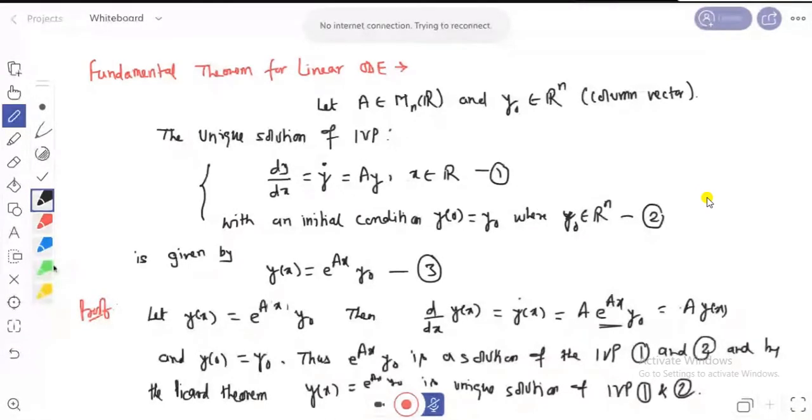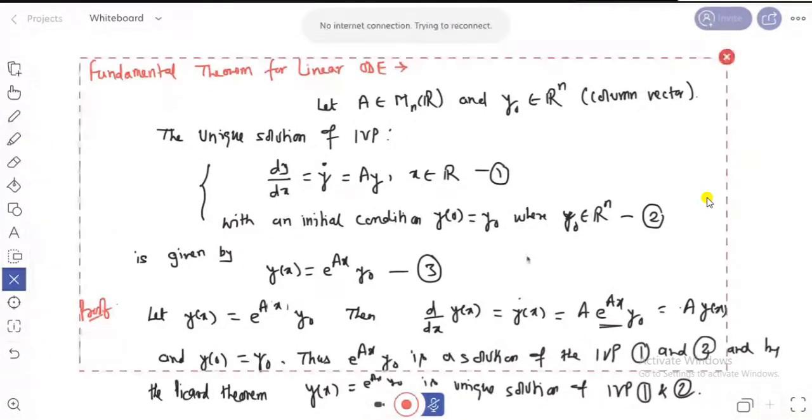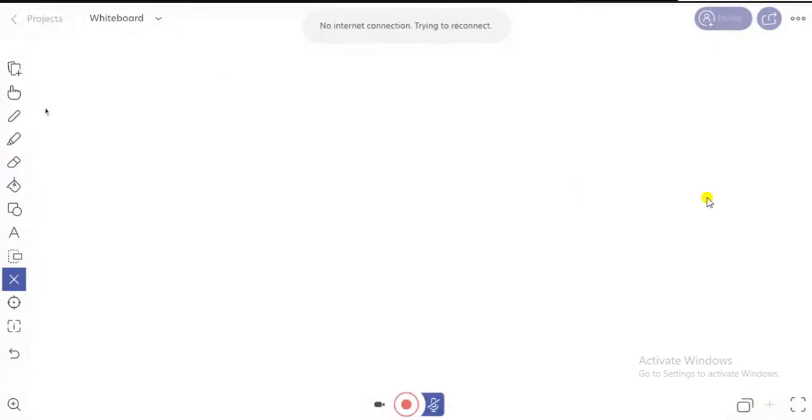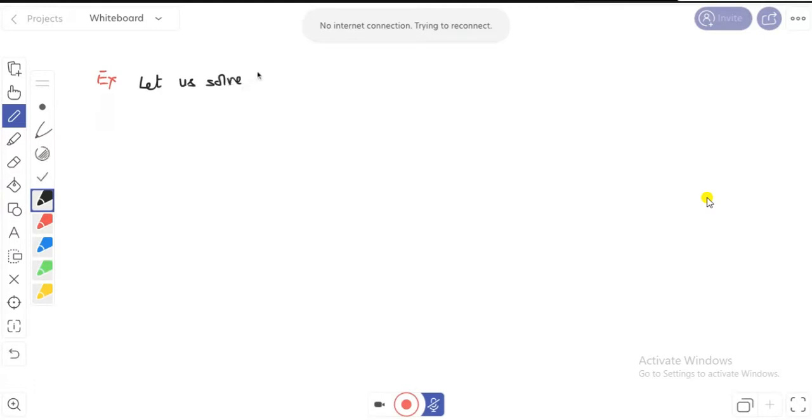So in the next page, suppose we take an example. Let us solve the initial value problem.